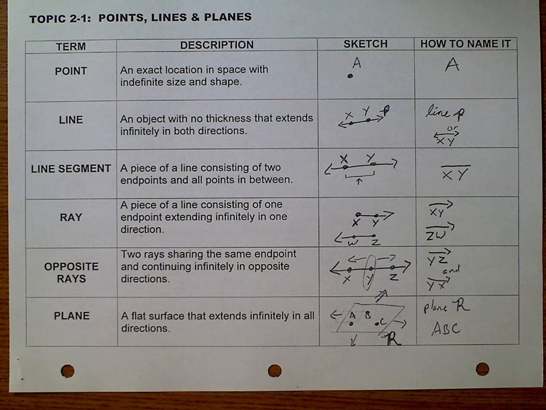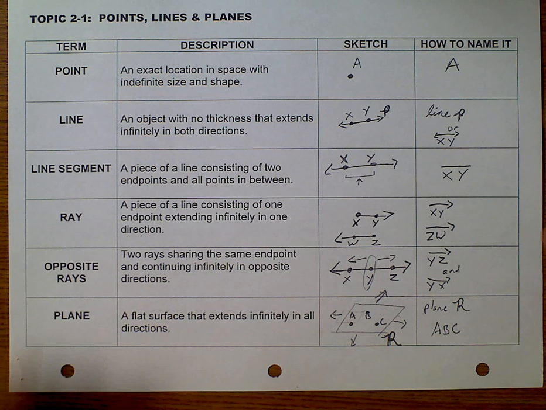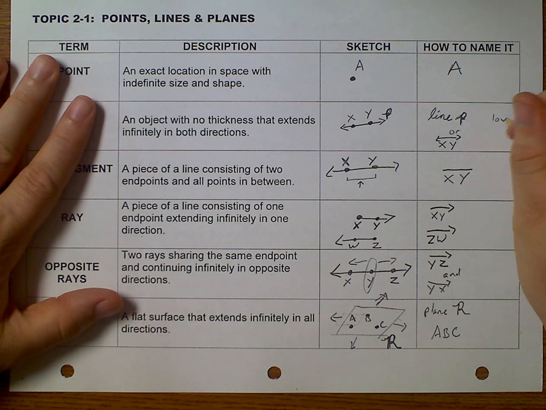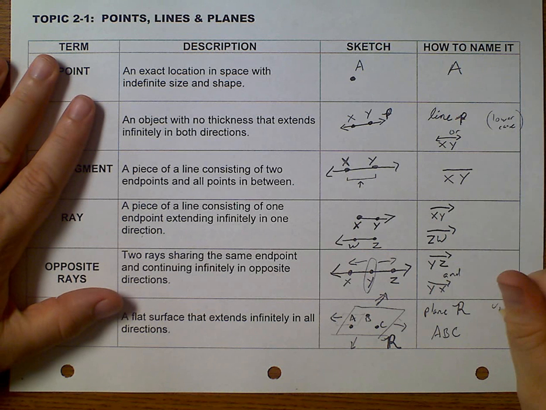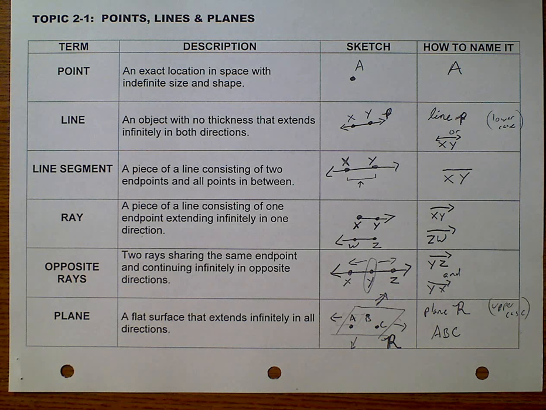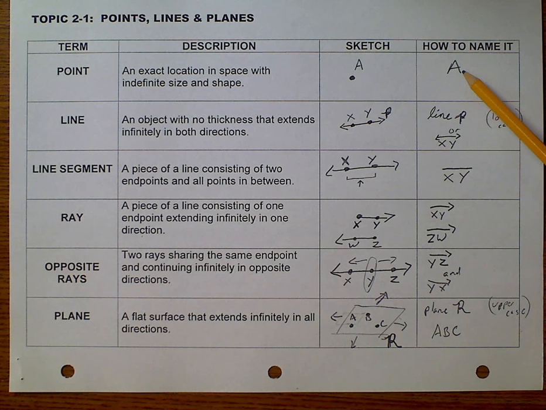Or we could talk about plane R and use the cursive R. Just like with a line, we use the cursive p up here for my line. This was lowercase, and this is uppercase. Now points are always uppercase. Okay?